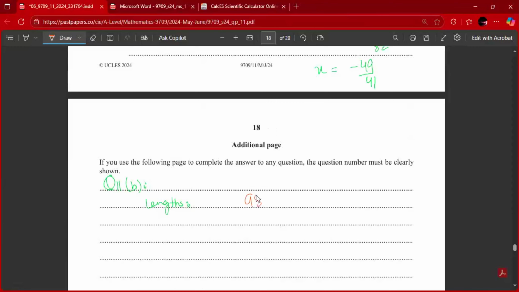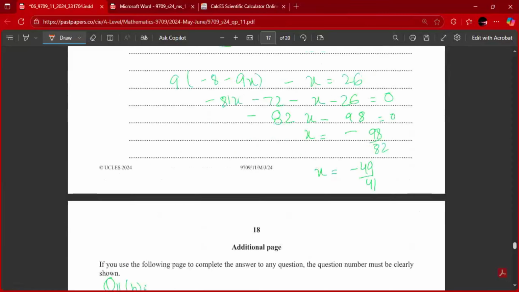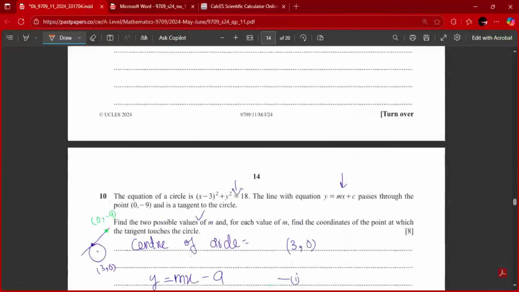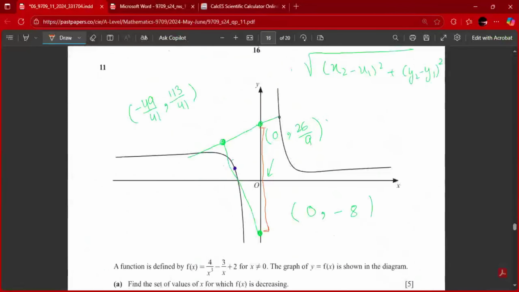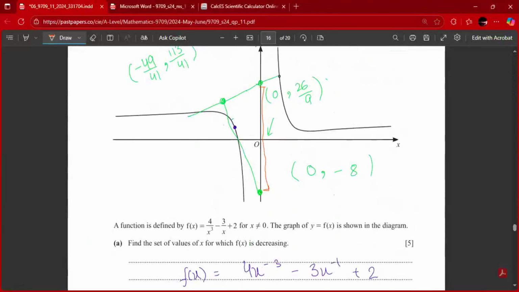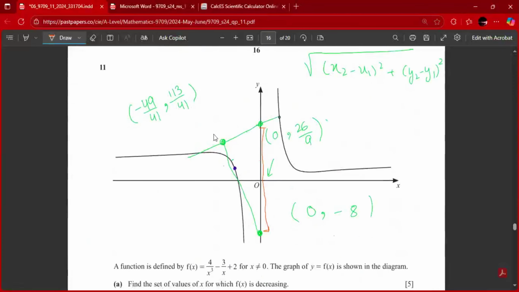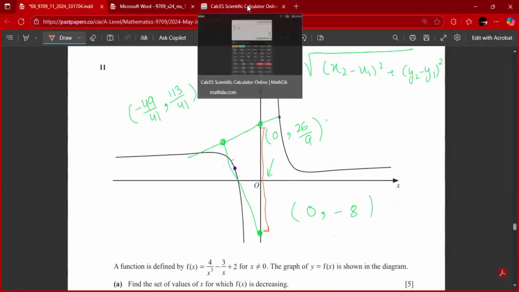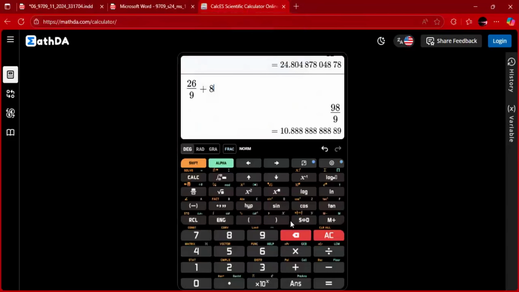But let's just find the length first. One length, let's find the other one. Now we're supposed to find the length between these two things and these two things. So again, it is confirmed.